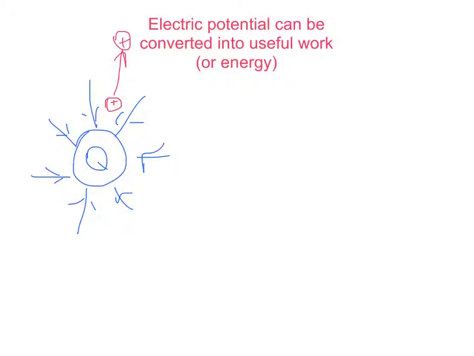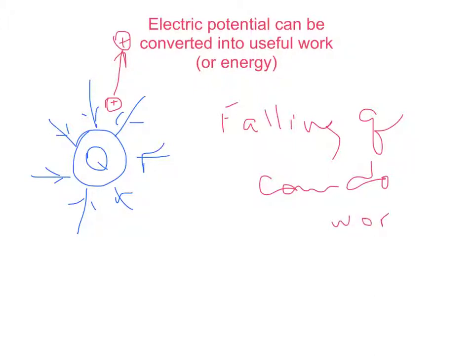So therefore, remember, it's being attracted to that negative charge. So when I let it go naturally, it's going to move towards that Q. And then I can convert that falling energy, that falling charge, Q can do work.